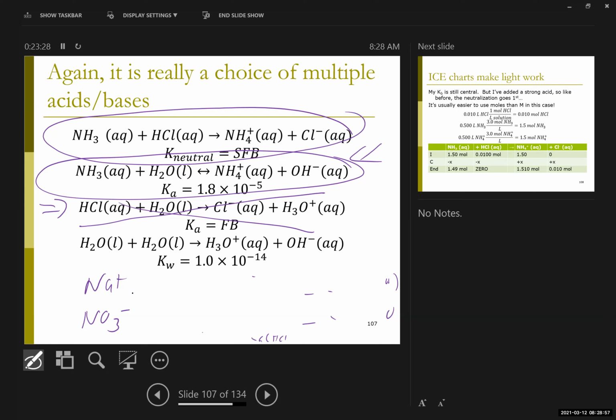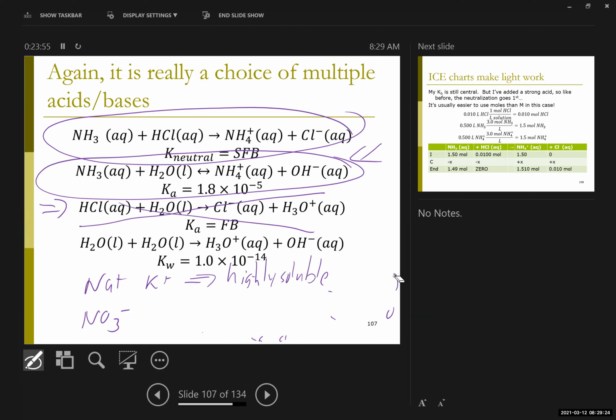1, they're cheap. Part of the reason they're cheap is sodium, if you think all the way back to Chem 1, sodium and potassium are highly soluble. They're group 1A. And if you're going to make a solution, the one thing you do have to have is something that's soluble.